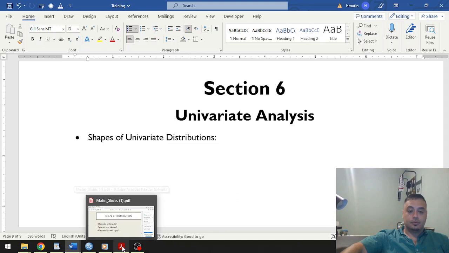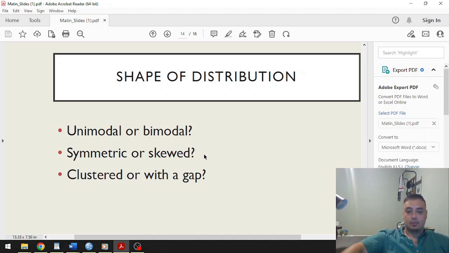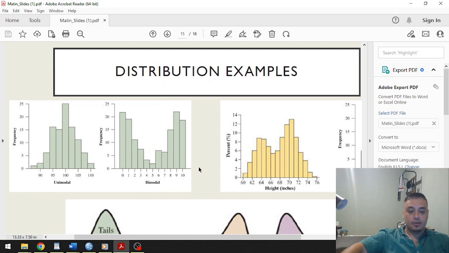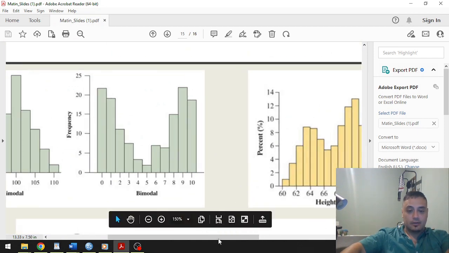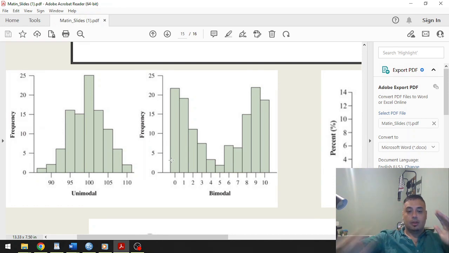Let me go to my PowerPoint slides. There are a series of distribution shapes that I will show you today. I will start with unimodal and bimodal. As you can see, unimodal is the type of distribution where the data is clustered in one mode, unlike the bimodal, which has two modes within it.